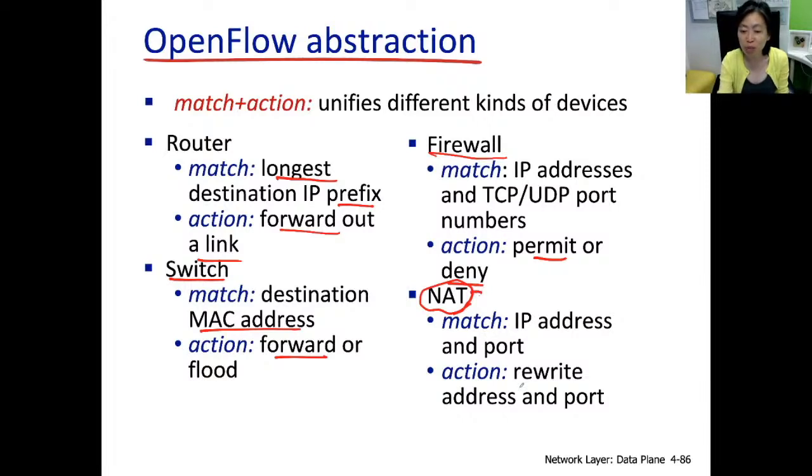So we could rewrite specific address and port number according to the need. So SDN is a very general machine that unifies a number of these different devices that we need, running from the network layer and below.